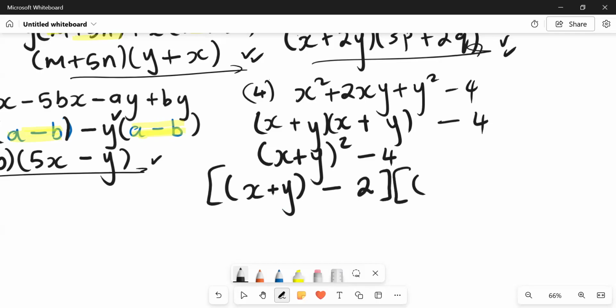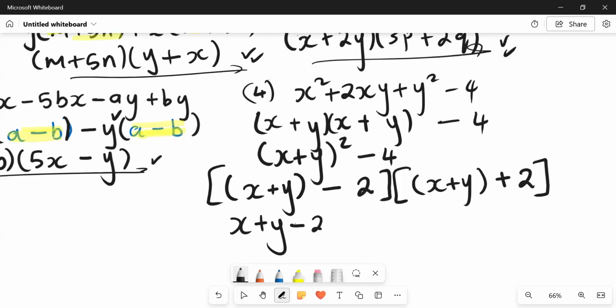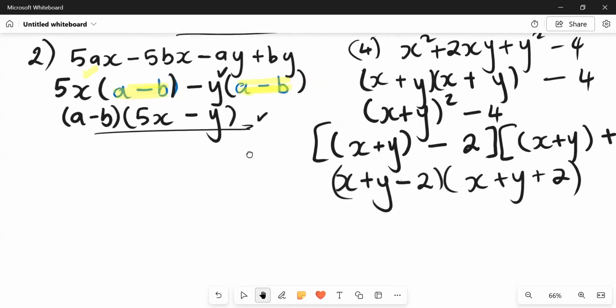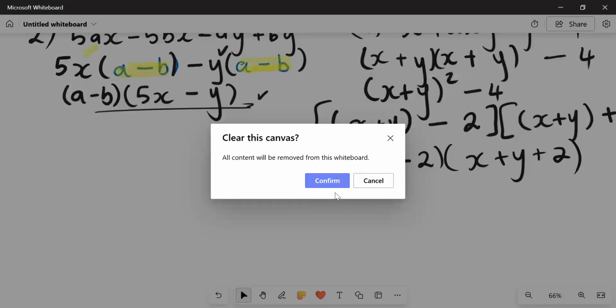You'll have x plus y, and because it's a difference of two squares, you change the sign and get plus 2. You'll end up having x plus y minus 2 in the first bracket, and x plus y plus 2 in the second. I'm just simplifying further here. Now let's move to example 5.